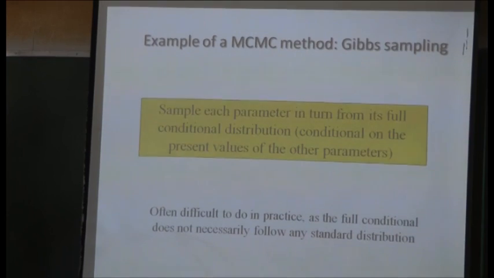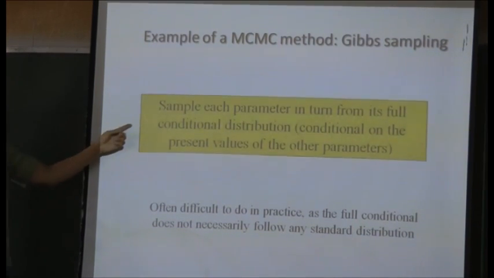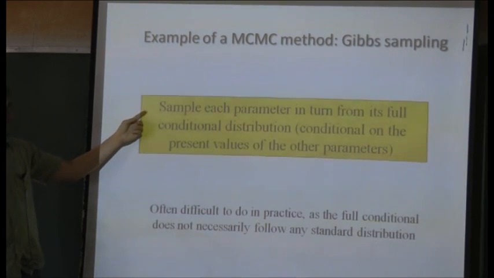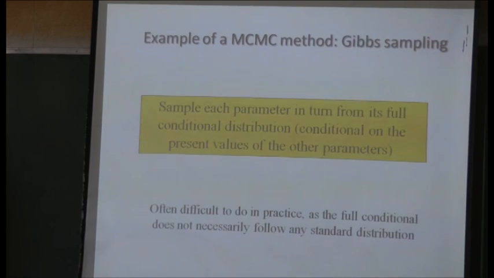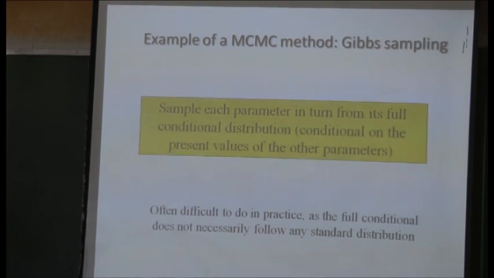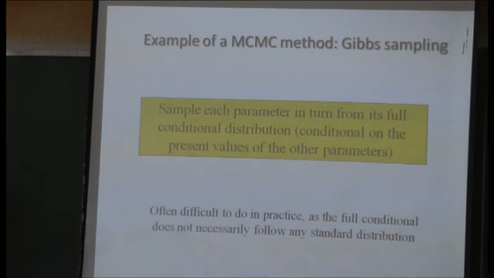The first one is called Gibbs sampling. The rule for how you do this is that you sample each parameter in turn, one by one, from its full conditional distribution, conditional on the present values of all the other parameters, and you just go on. Like in our example, you sample A from the full conditional distribution, given the data and all other parameters.